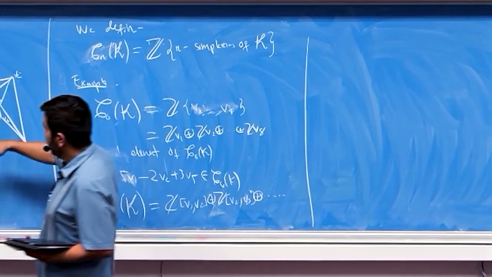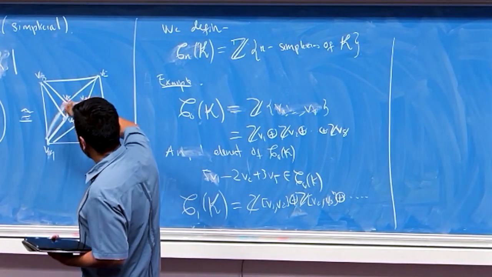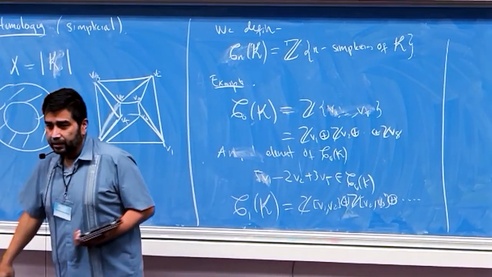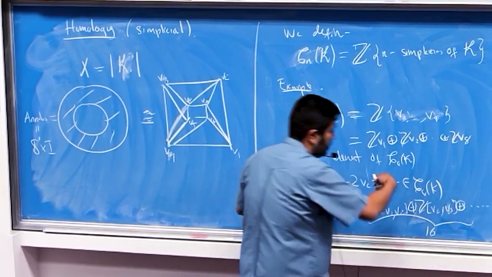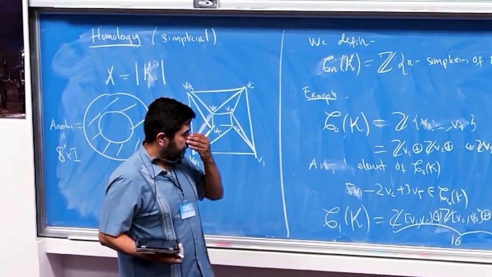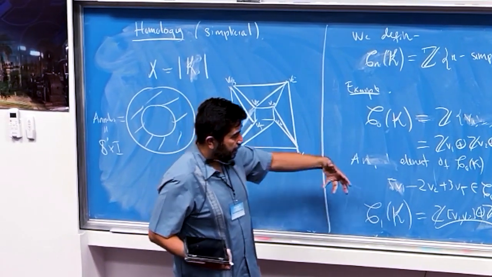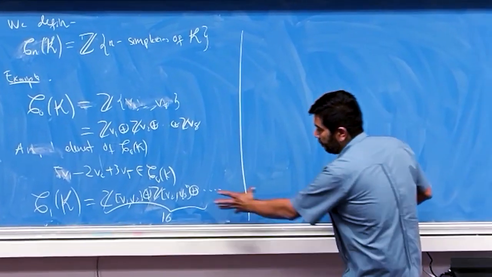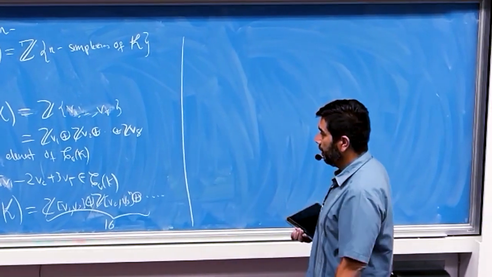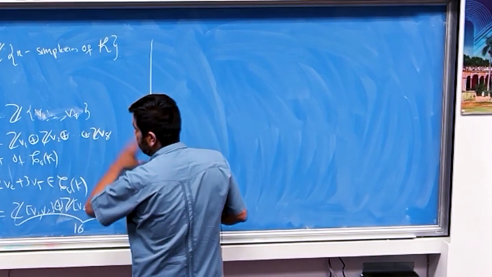Well, I think we have 8 plus another 8, 16 edges. So at the end we have 16 summands, 16 additions of C here. Yeah, 16 of them. So the rank of this group is 16. Okay, and that one is 8.